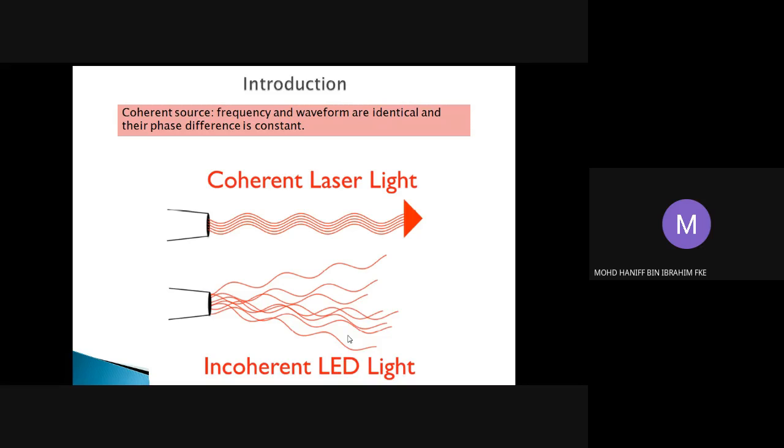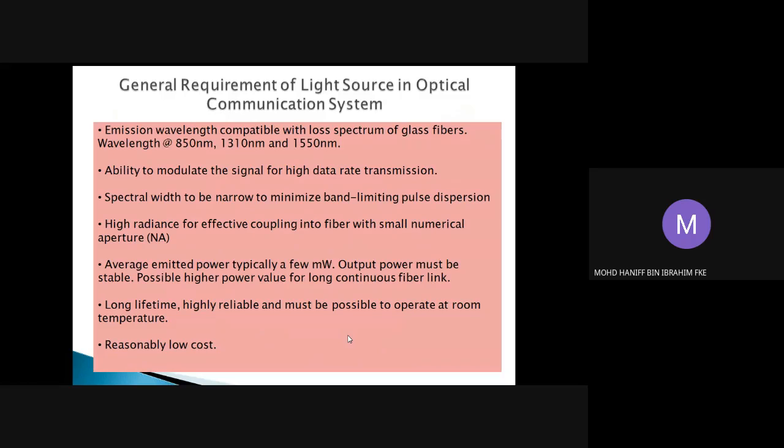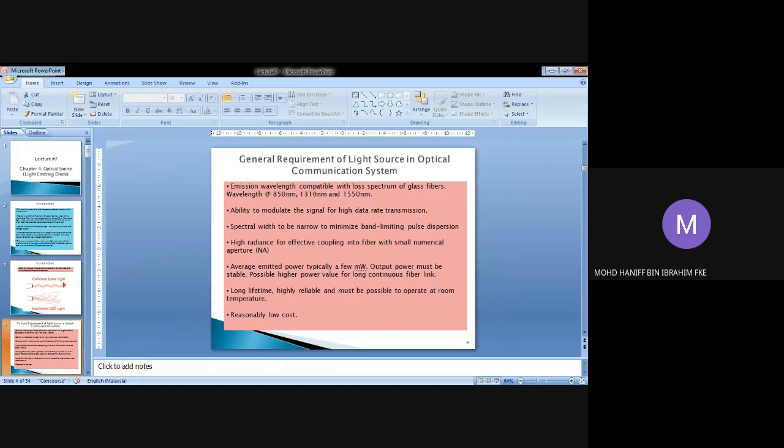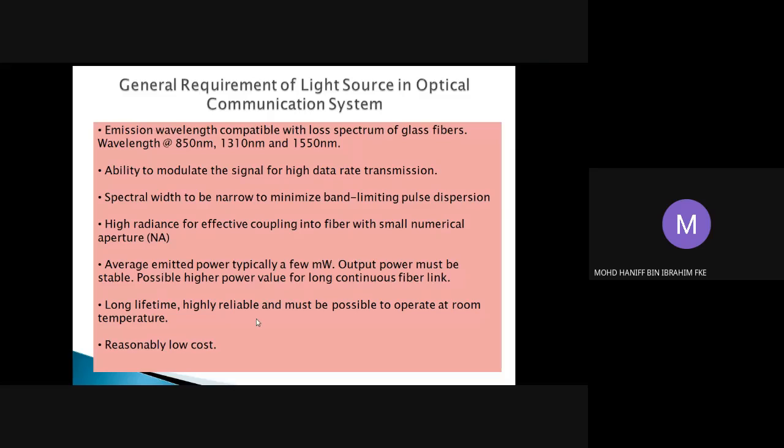These are the general requirements of a light source in an optical system. Number one, the emitted wavelength from the light source needs to be compatible with the loss spectrum of the glass fiber. This is what we learned in chapter 3 on absorption, dispersion and scattering, where we learned there are three main windows for the optical system: 850 nanometers, 1310 nanometers and 1550 nanometers.